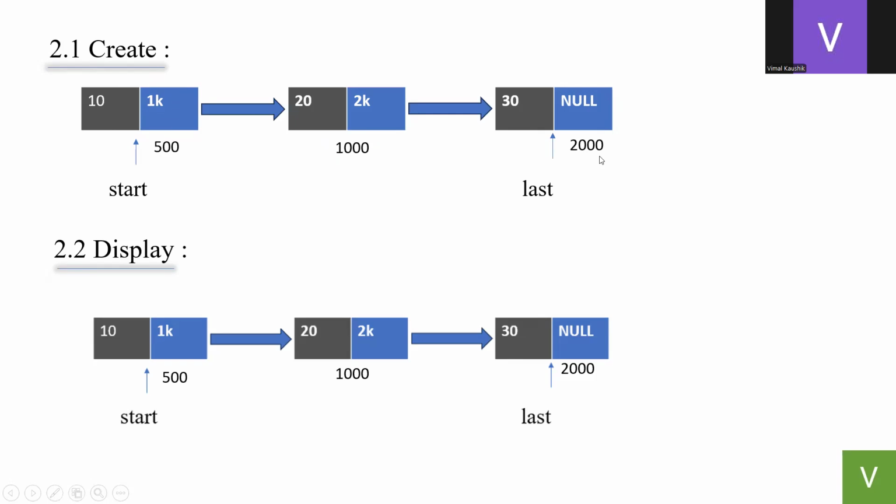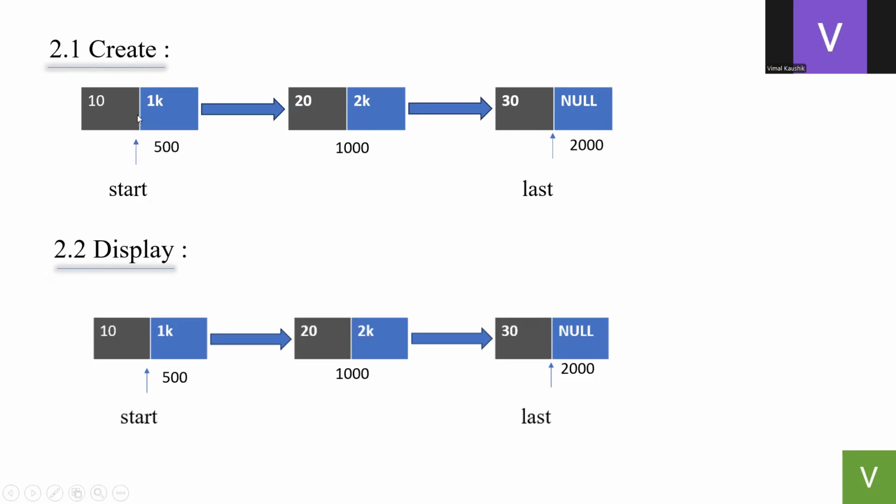Similarly, the third node has an address of 2000, so this 2000 is the address in the second node's address field. Similarly, the third node is the last node, so its address field will be null. Similarly, we declare two variables, start and last.